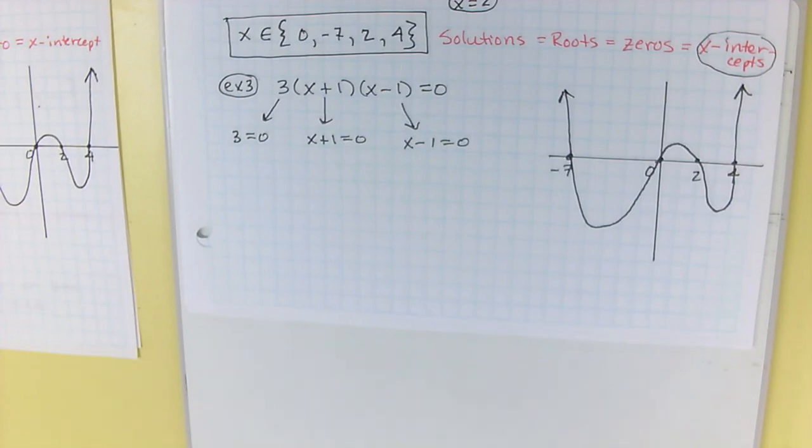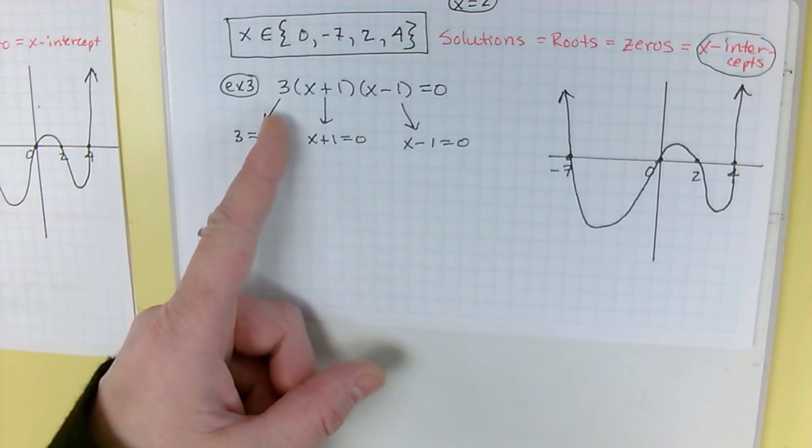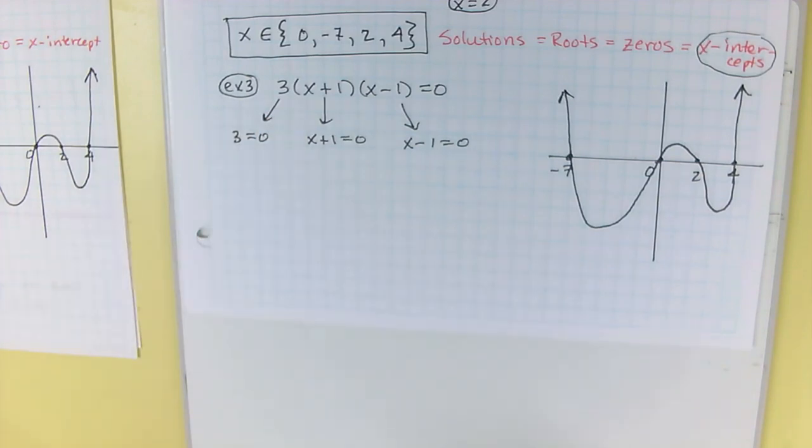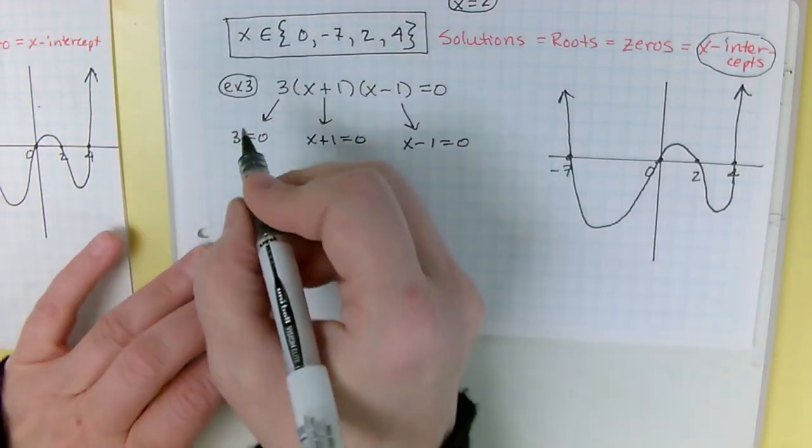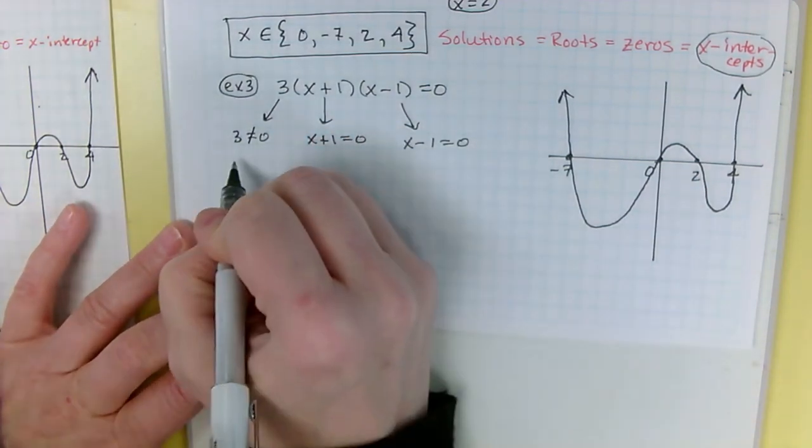So here's where there's a cautionary tale. Factors have to contain an x, otherwise they're just a numeric scalar. 3 is a numeric scalar. There is no x. So when you set 3 equal to 0, is 3 equal to 0? No, it's not.